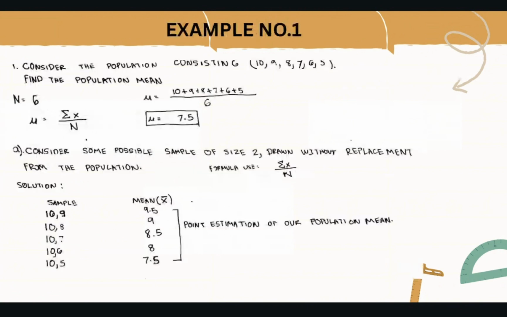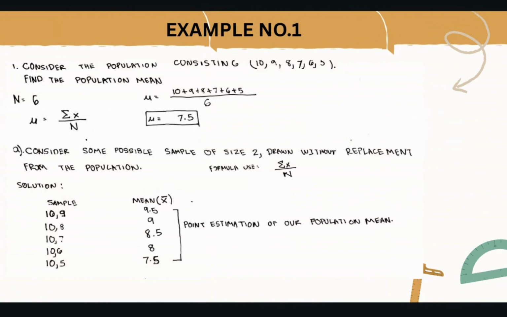Now let's proceed to the examples. For example number 1, consider the population consisting of 10, 9, 8, 7, 6, 5. Find the population mean.